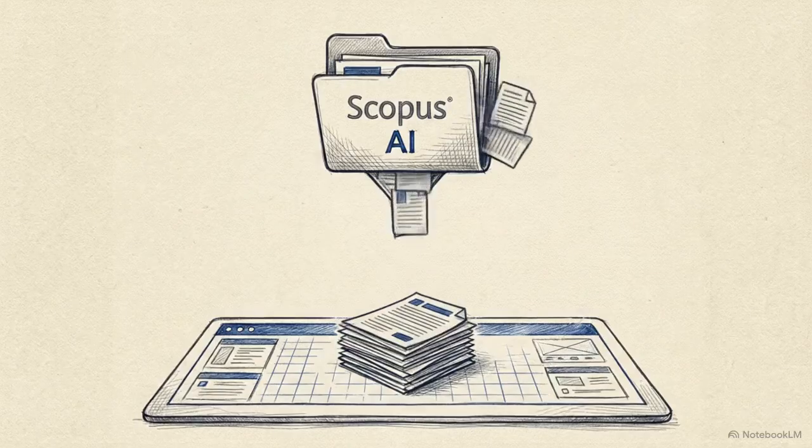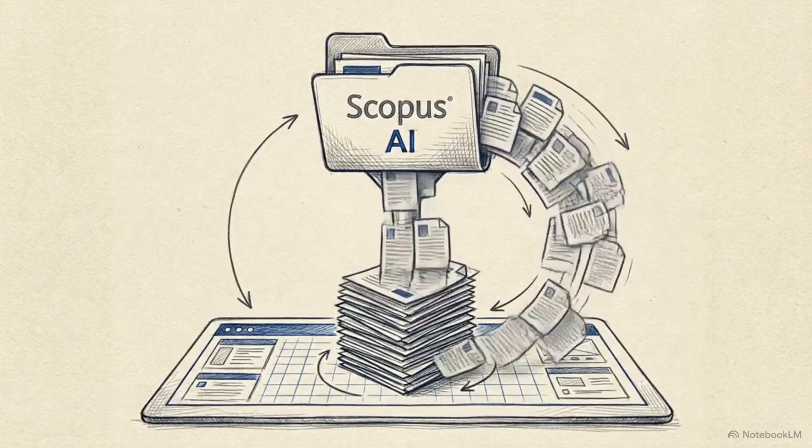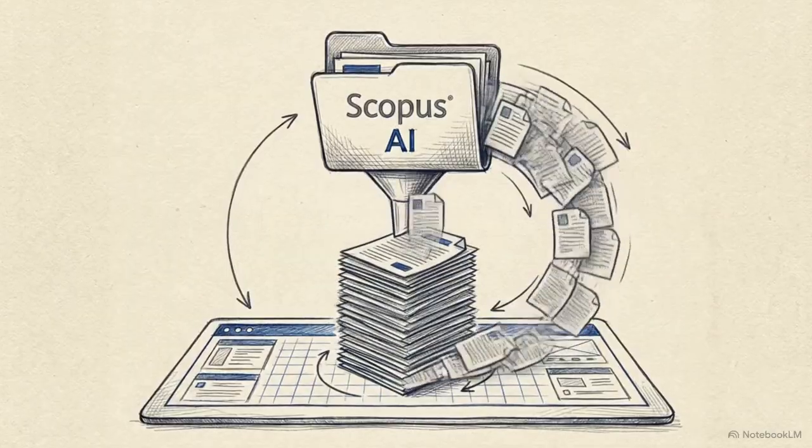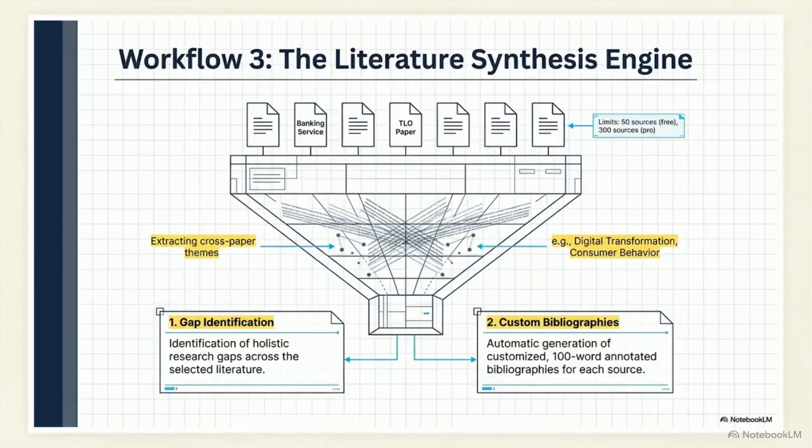Once the initial query is complete, the researcher exports the validated literature as a batch of foundation PDFs. Those PDFs are then pulled into Node 2, the Notebook LM RAG environment, visualized here as the literature synthesis engine. Inside the vault, the AI engine rapidly extracts cross-paper themes and maps holistic research gaps across the entire batch of selected literature.